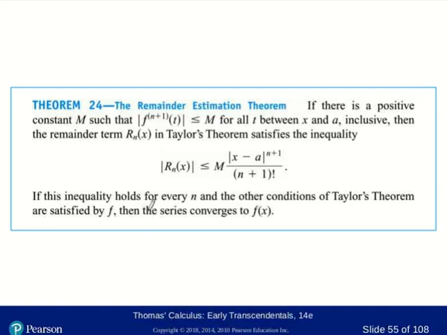So, and this extra part where it says if this inequality holds for every n and the other conditions of Taylor's theorem are satisfied for f, right?